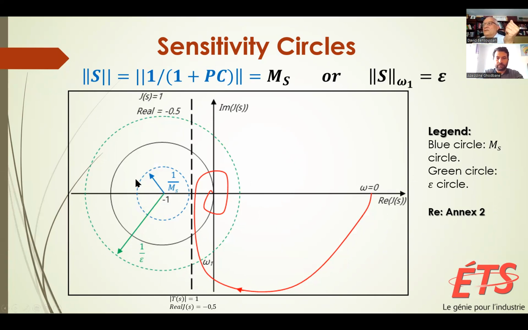And if the Nyquist is external to this blue circle of radius 1 over Ms, sensitivity is smaller than Ms. So the intuitive idea is to have a Nyquist which is external to the green circle at low frequencies, and at all frequencies should not touch or penetrate this circle.